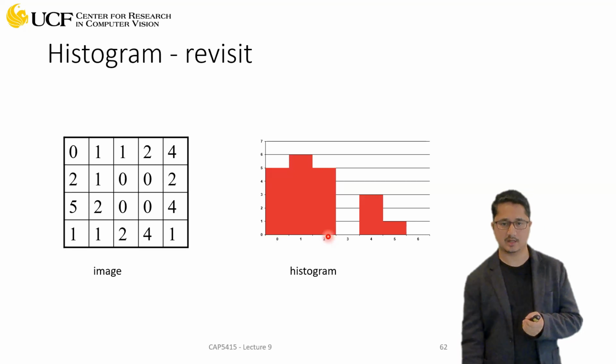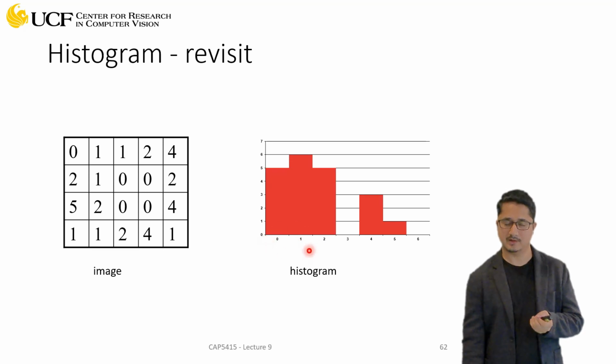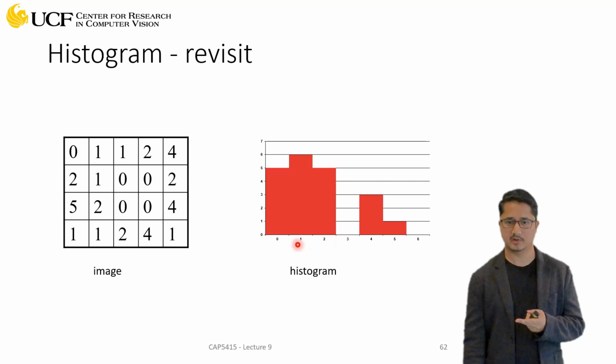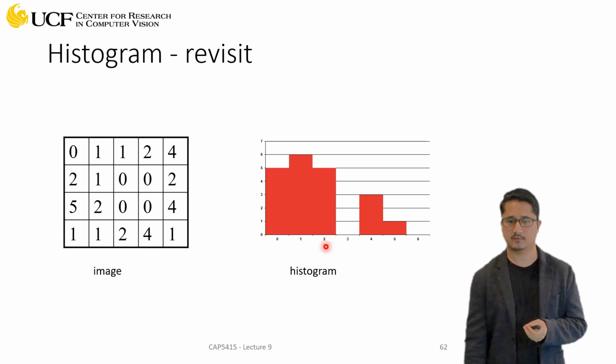So you can say that I will only have 1 bin for 0 and 1. Then whenever you see a value which is either 0 or 1, you will just count it into that particular bin. So in total, let's say you have only 3 different bins: 1 bin for 0 and 1, a second bin for 2 and 3, and a third bin for 4 and 5.